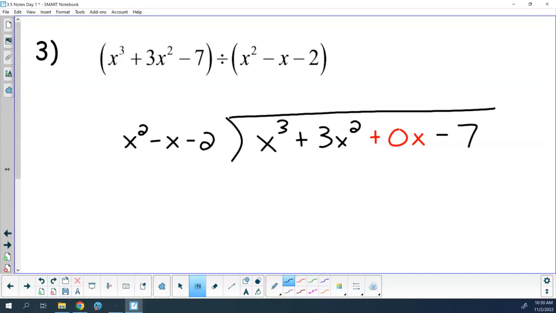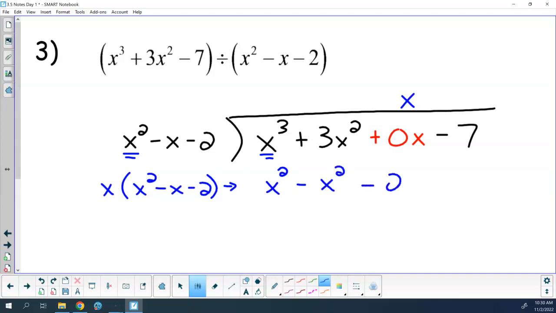We look at first terms. I need x squared to be x cubed, so that would be multiplying by an x. I take that x, multiply it by my divisor: x cubed minus x squared minus 2x. And I change all of the signs.